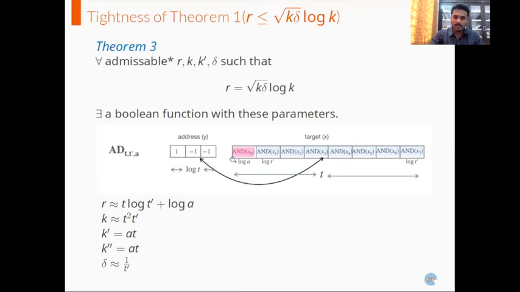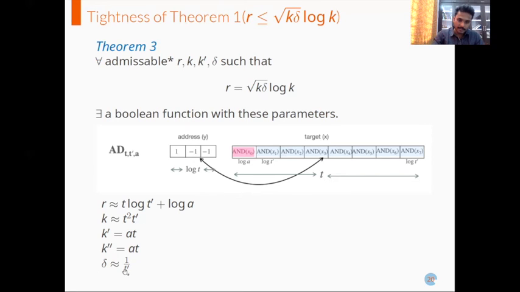Turns out if you write the Fourier expansion of this and compute the measures, the rank of such a function turns out to be roughly t log t prime plus log a. Sparsity turns out to be roughly t squared times t prime. Max entropy turns out to be a times t, and weight turns out to be 1 over t prime.